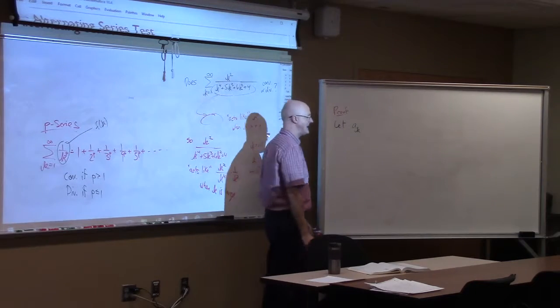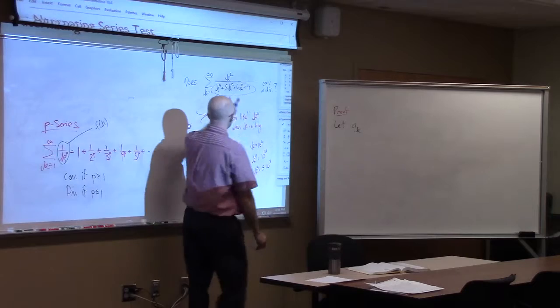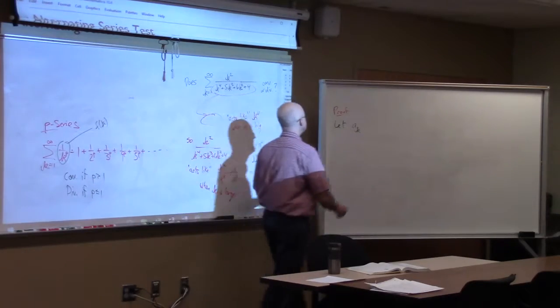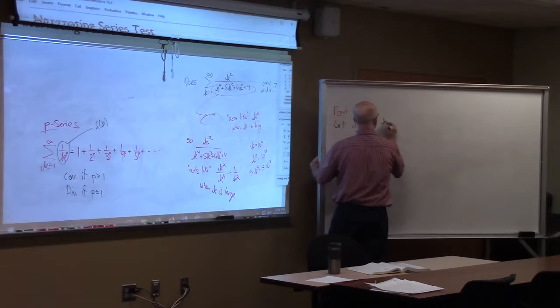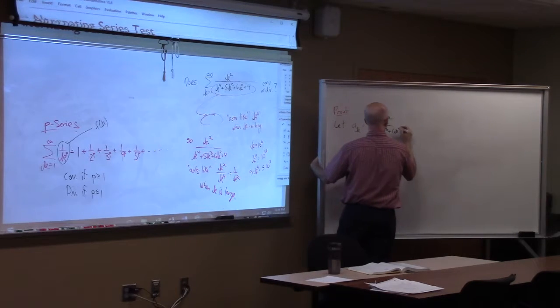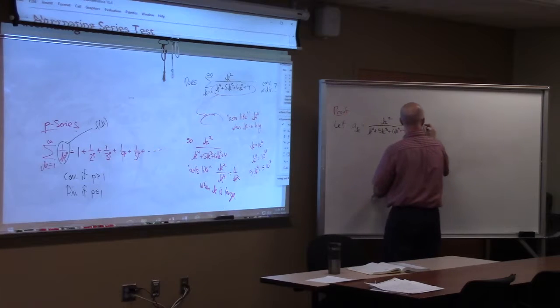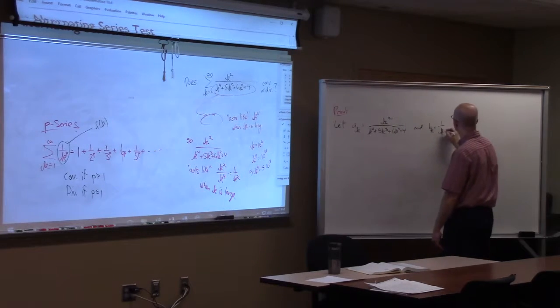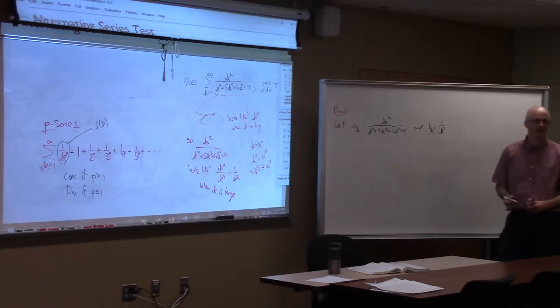Let AK be the general term of the series you're trying to prove the convergence of, in this case k squared over k to the 4th plus 5k cubed plus 6k squared plus 4. And let BK equal the terms of the series you know the convergence for, in this case 1 over k squared.